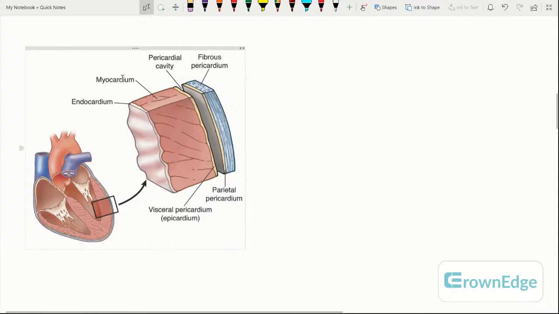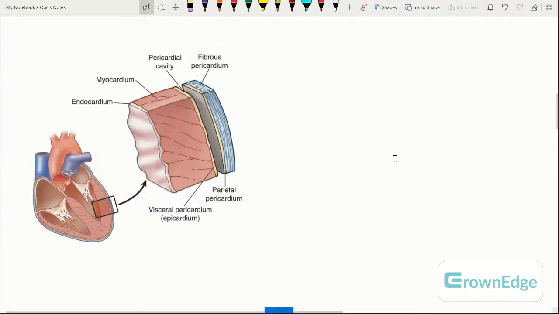Then the myocardium, which contains the muscles, and you can see the thickness of this myocardium layer is the maximum out of all the layers. And the pericardium is divided into the fibrous pericardium and the inner pericardium, which is again divided into visceral pericardium and parietal pericardium.